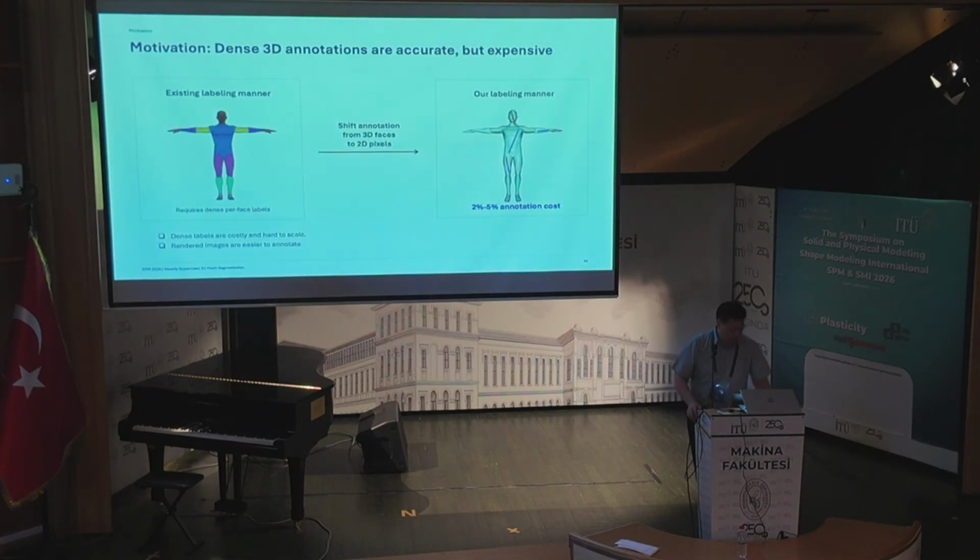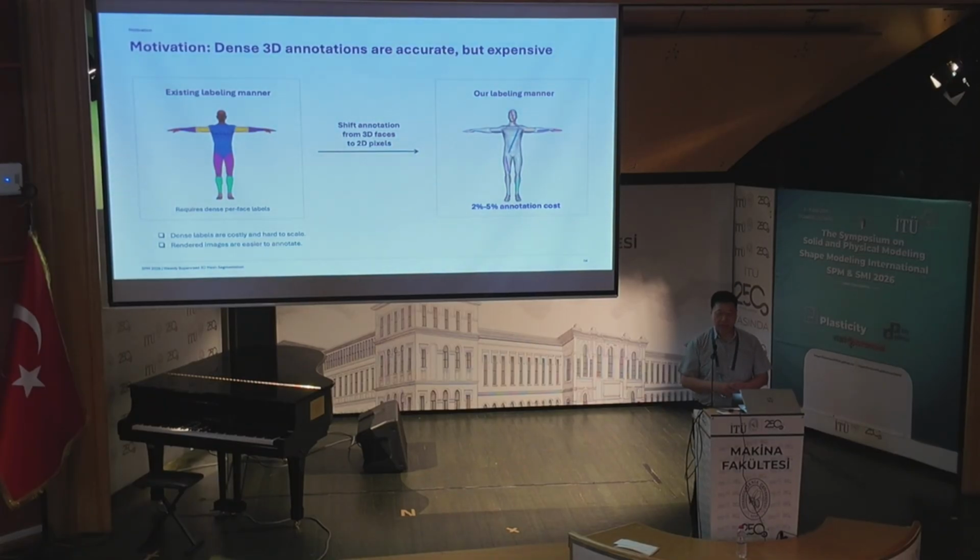Basically, the main motivation is the following. If we do 3D segmentation using deep learning techniques, usually in order to do the training, we need to label the input dimensions extensively with many steps. In order to do that, it's very time consuming and tedious.